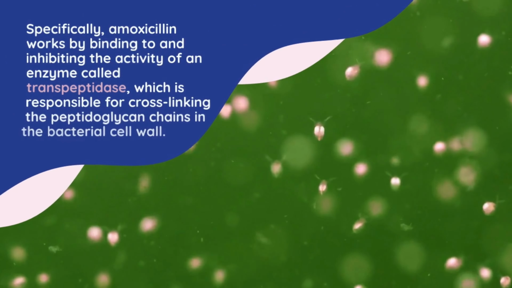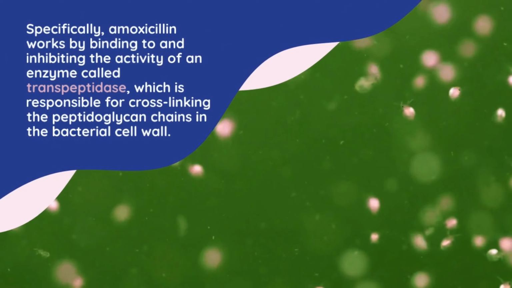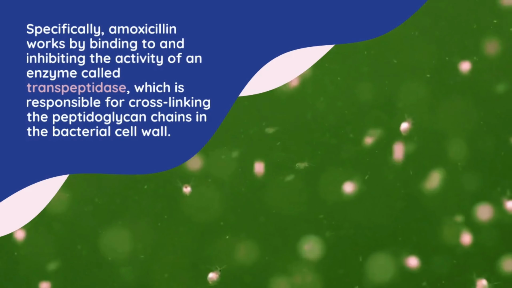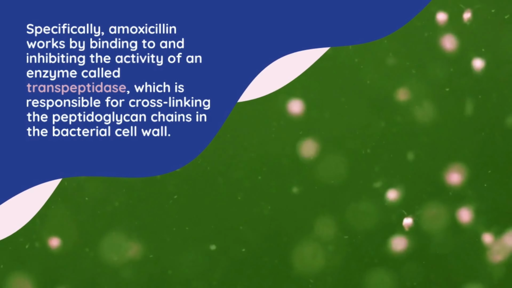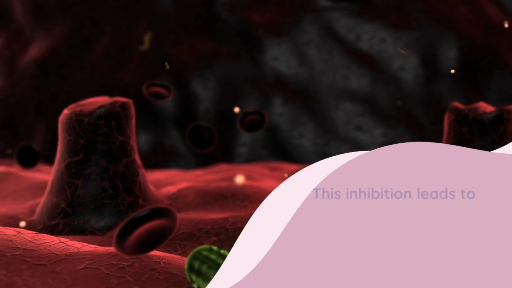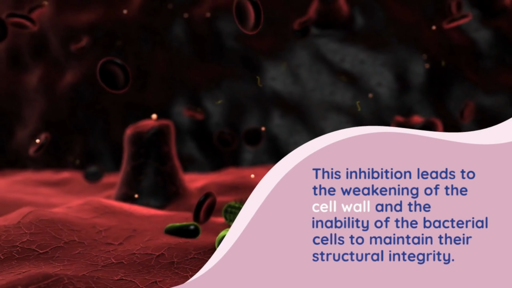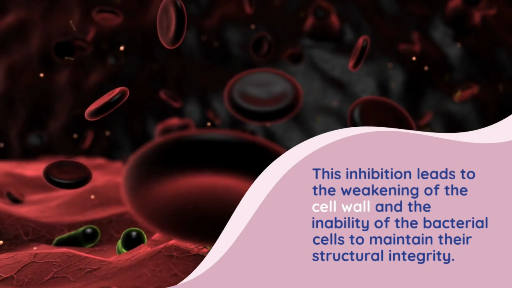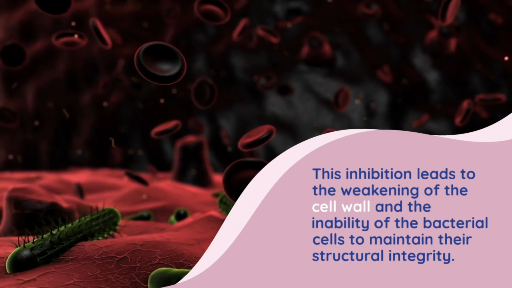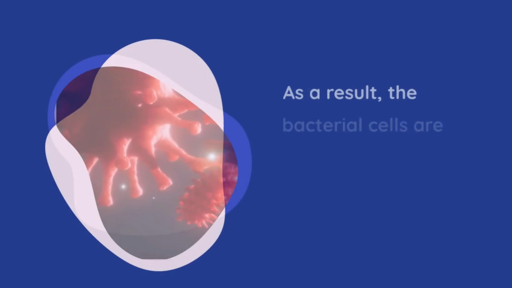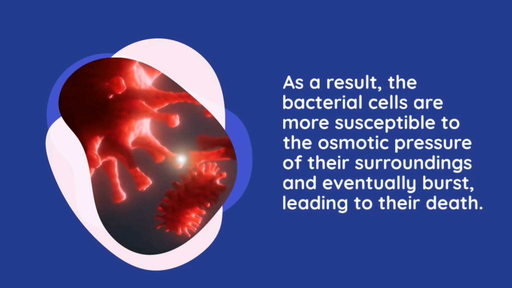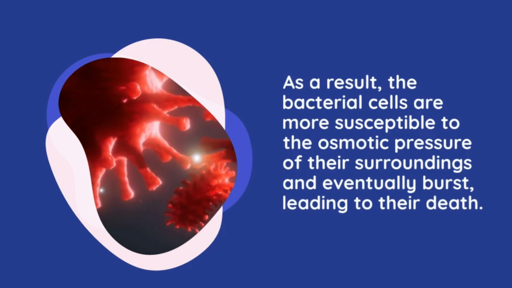Specifically, amoxicillin works by binding to and inhibiting the activity of an enzyme called transpeptidase, which is responsible for cross-linking the peptidoglycan chains in the bacterial cell wall. This inhibition leads to the weakening of the cell wall and the inability of the bacterial cells to maintain their structural integrity. As a result, the bacterial cells are more susceptible to the osmotic pressure of their surroundings and eventually burst, leading to their death.